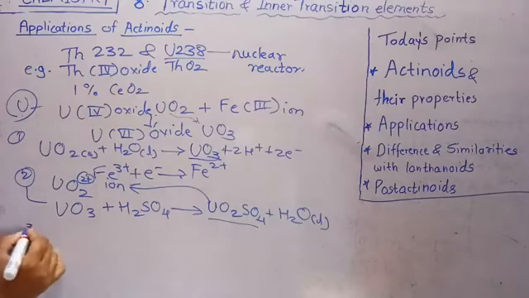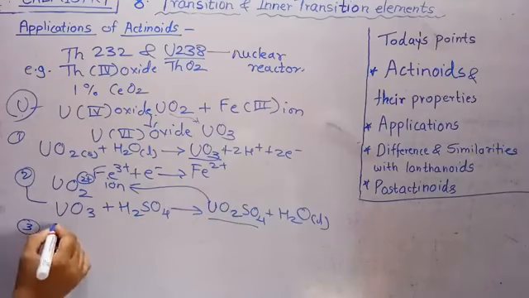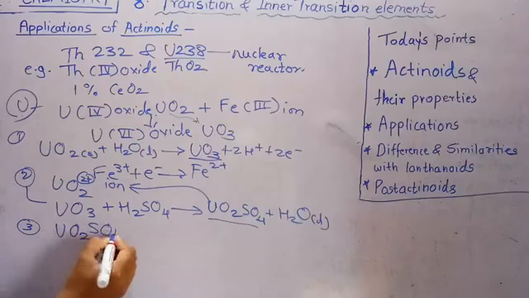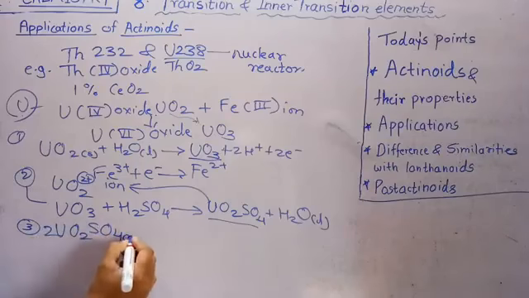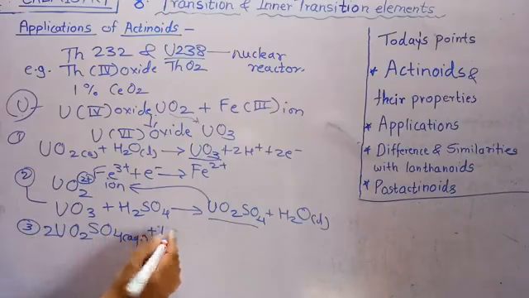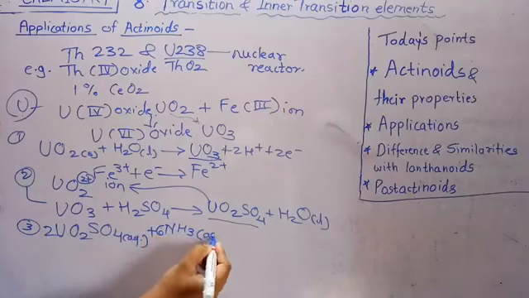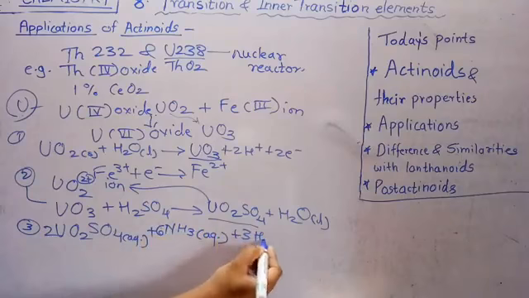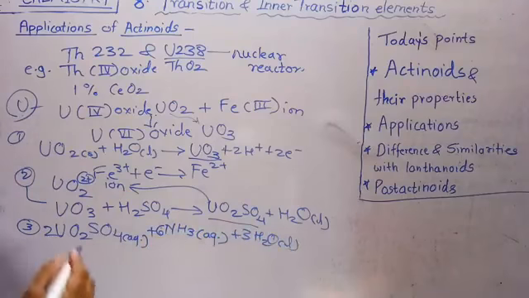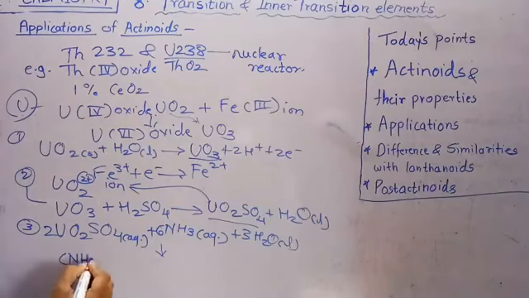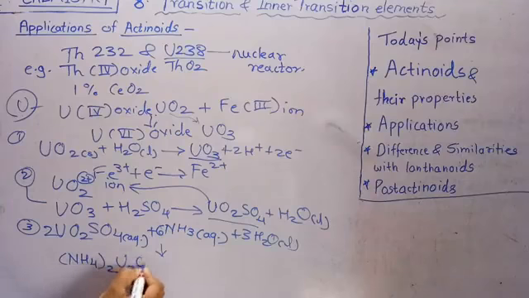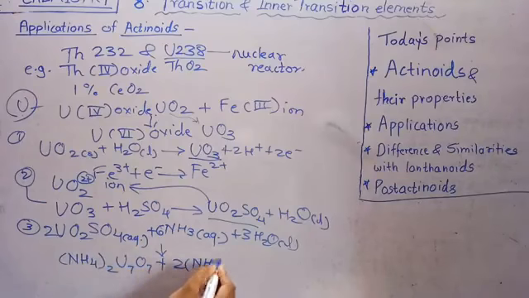Then in that step, uranyl sulfate is treated with ammonia. There are 6 molecules of ammonia, aqueous, plus 3 water molecules, 3H2O, to form ammonium diuranate, that is (NH4)2U2O7, plus 2 ammonium sulfate.